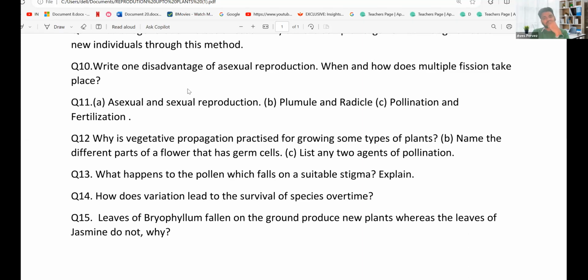I don't know the example, but different species produce new variations of organisms. Sometimes they gain immunity to certain diseases that could have been fatal for them.